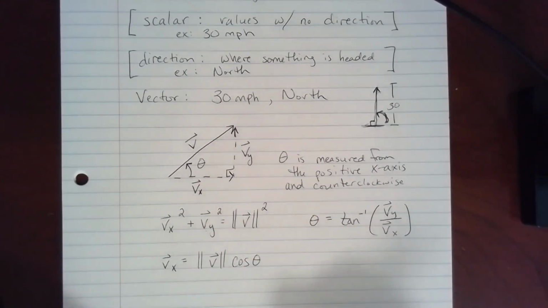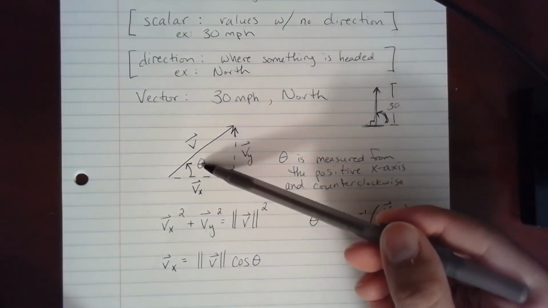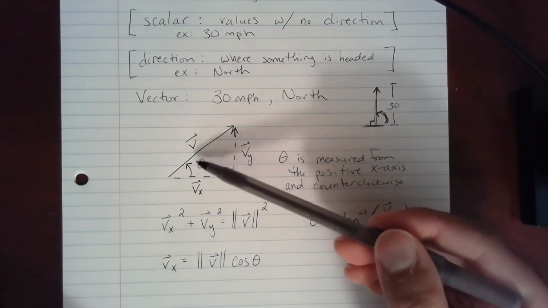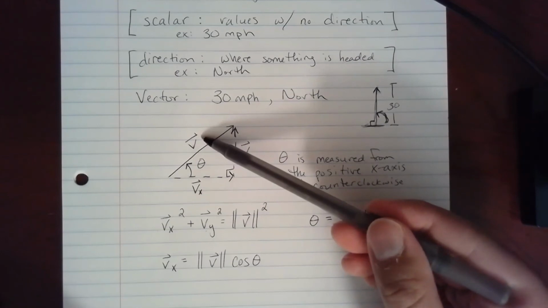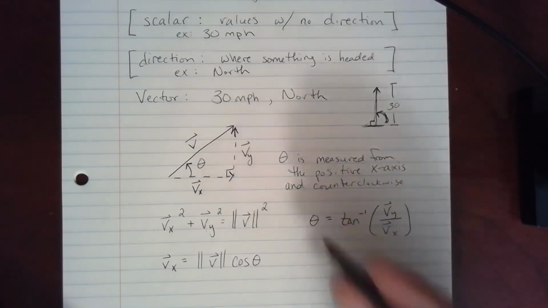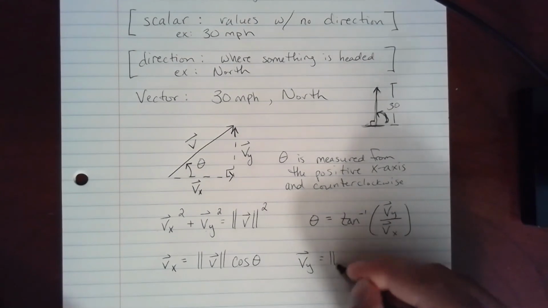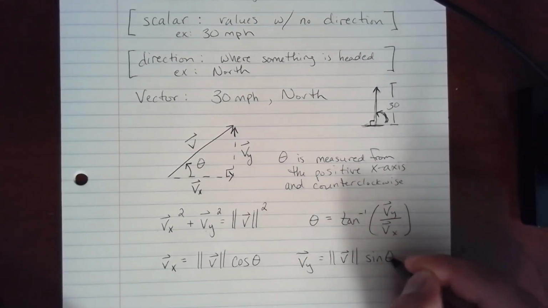That should be pretty obvious in a way, because our angle here is related to the adjacent and the hypotenuse by cosine. So cosine of theta would be adjacent divided by hypotenuse, but we would want to multiply both sides by that hypotenuse to get this by itself. And in the same fashion, if you can get to that part, then this should be pretty much obvious. If we're going to work the opposite side instead, we'll just use sine of theta.